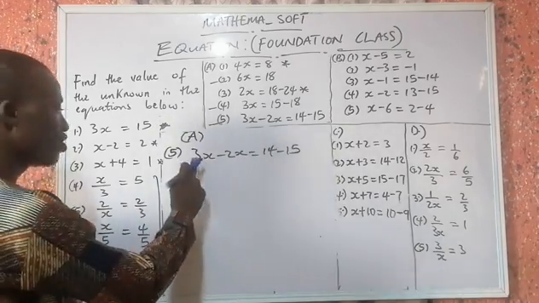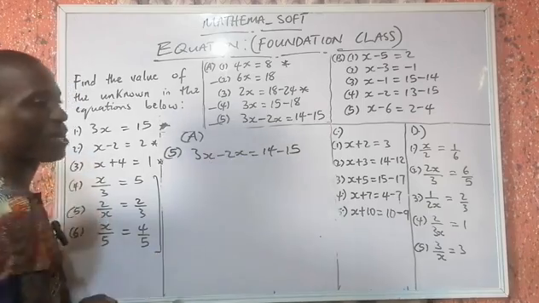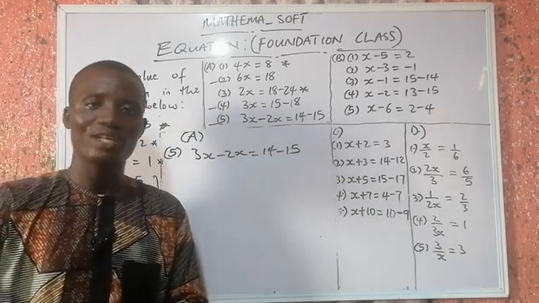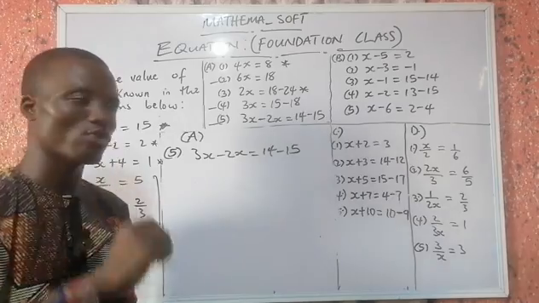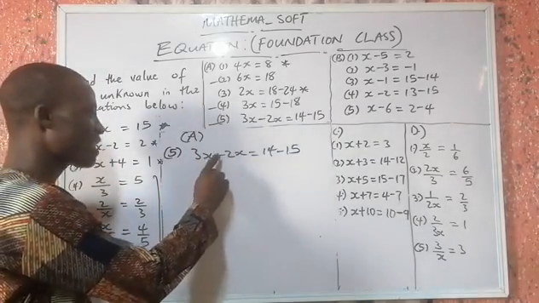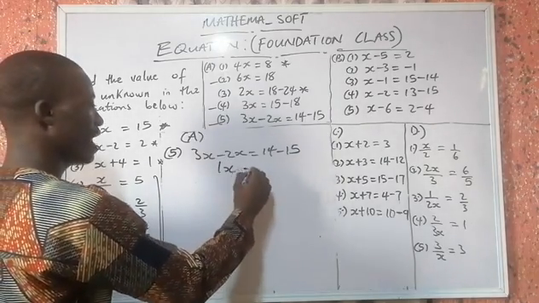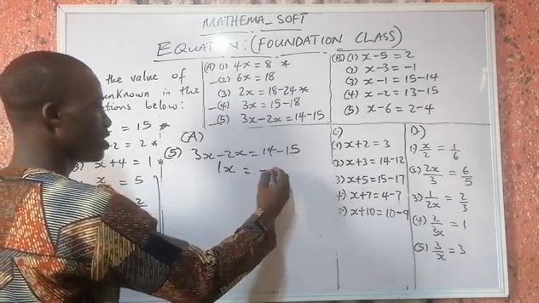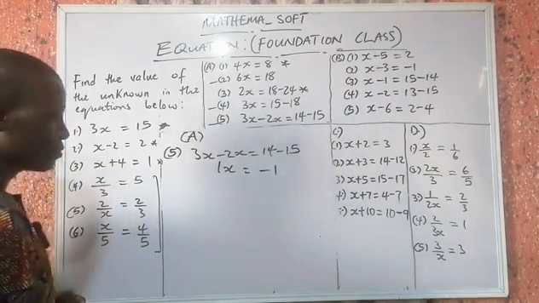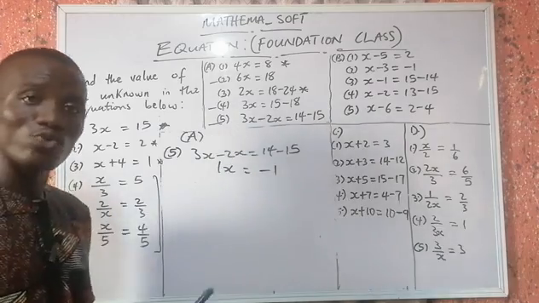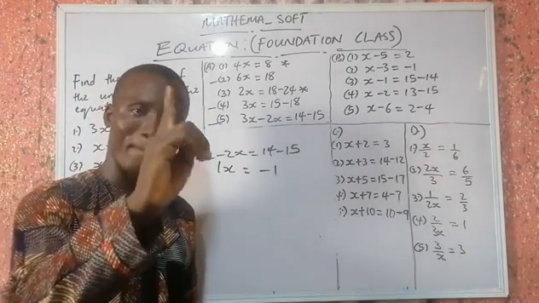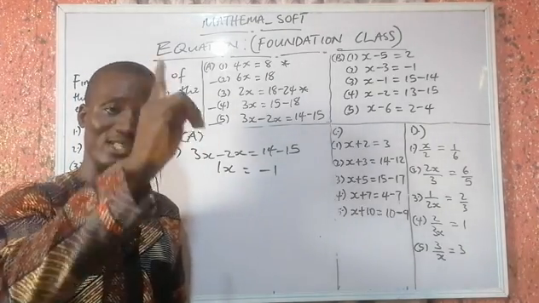It's just like you have 3 mangoes minus 2 mangoes. What will be your answer? That will be 1 mango. Likewise, 3x minus 2x will give you 1x, and 14 minus 15 will give you minus 1. 1 mango is mango.